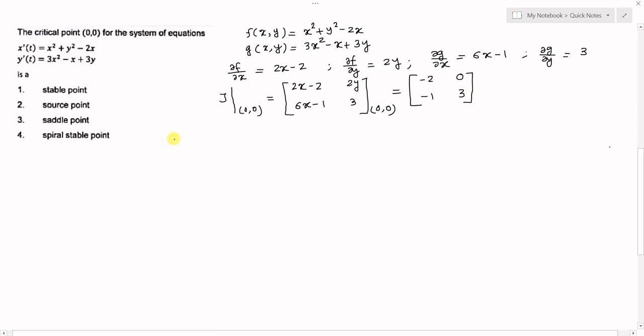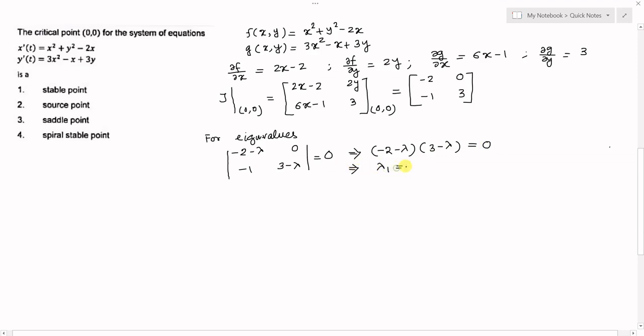Now let us evaluate the eigenvalues of this 2 by 2 matrix. For eigenvalues, the determinant of the matrix with entries −2 − λ, 0, −1, 3 − λ is equal to 0. This implies (−2 − λ)(3 − λ) = 0, so λ1 = −2 and λ2 = 3.